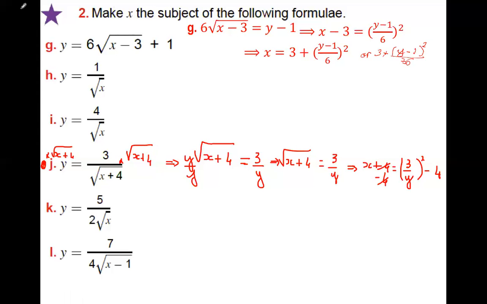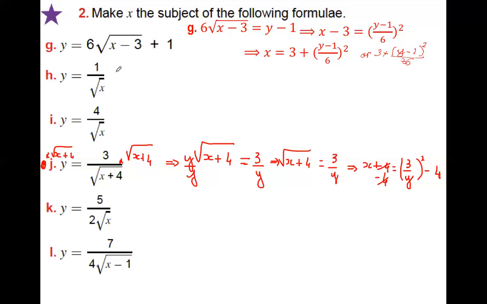So next, I would leave it as y minus 1 divided by 6 squared. It's probably better, so that I don't have to rewrite it. The next one, I've got 1 over root x. So what I would do when I get something like this, I would try to get rid of the fraction.